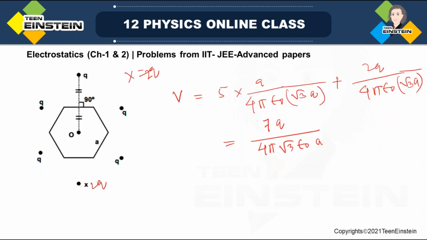For the last option D, it says if X is minus 3Q.